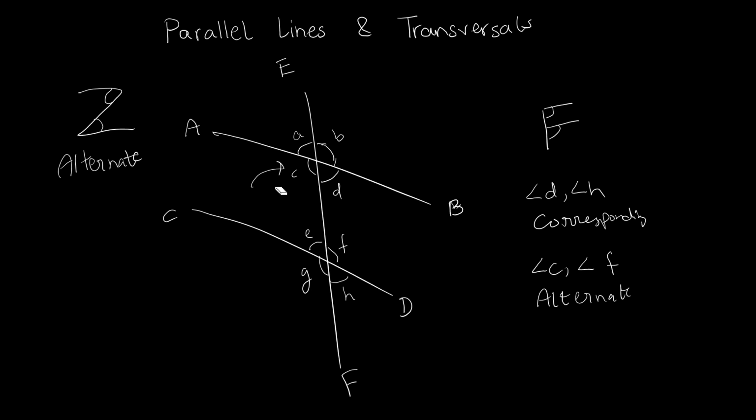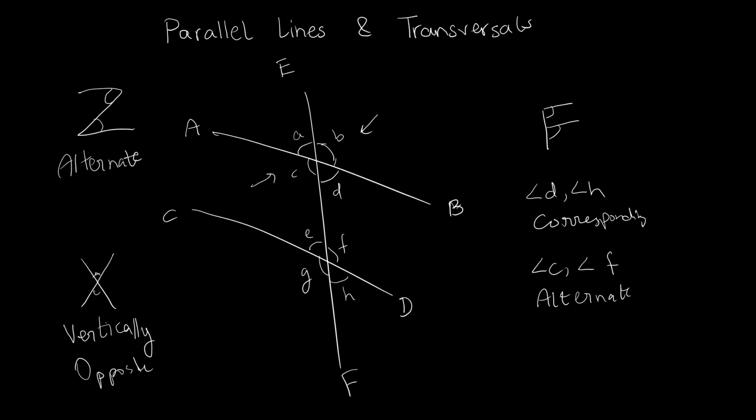And similarly, angle D and angle G. The last are the vertically opposite angles, which form a kind of X. For example, angle E and angle H are vertically opposite and they would be equal to each other. Similarly, angle C and B.